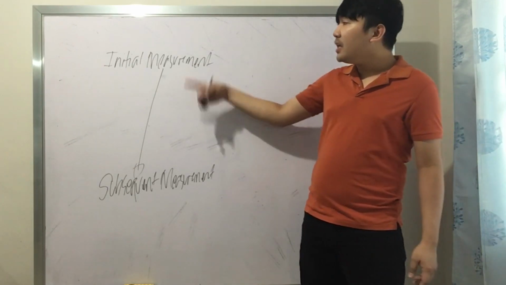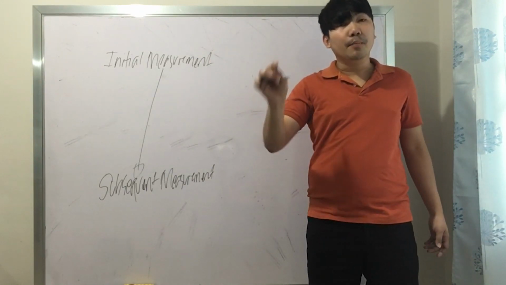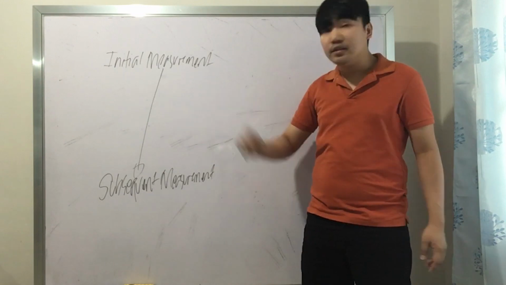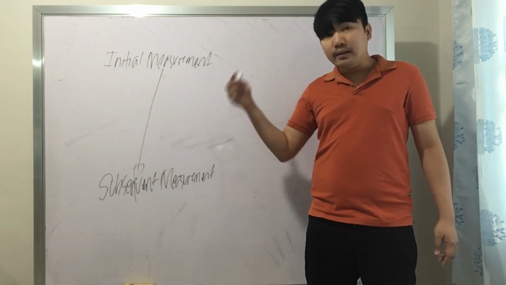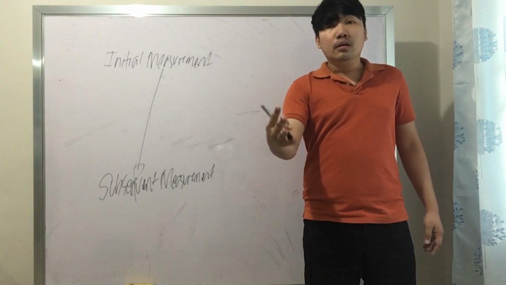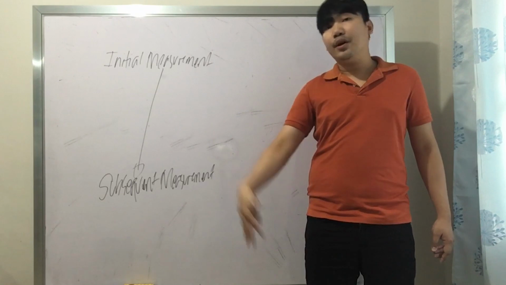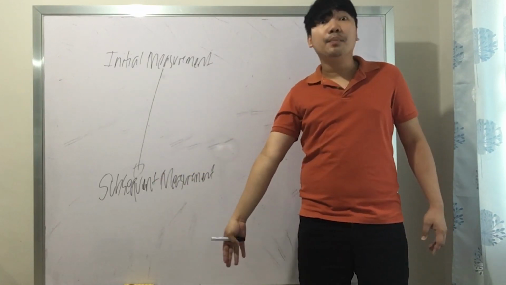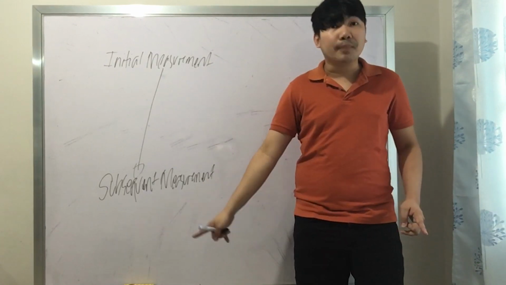Kasi pag sinabing initial measurement, yung first recording mo sa books, magkano siya? Then after recording it, halimbawa, na-record mo yan ngayong araw, at the end of the year, December 31 under calendar year, or in the succeeding years, what is the proper measurement of that asset? Ang tawag doon, subsequent measurement.